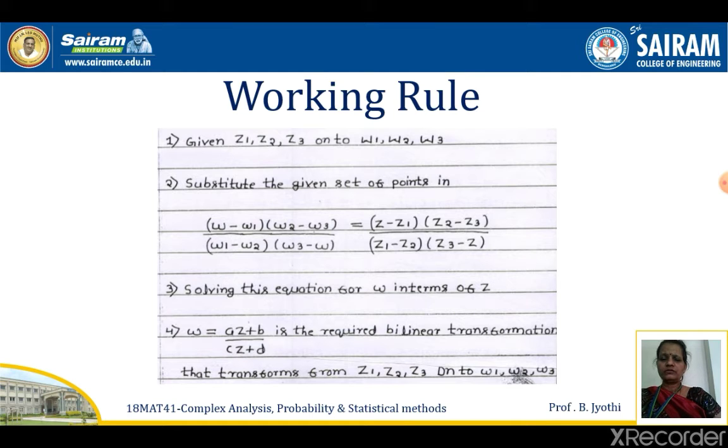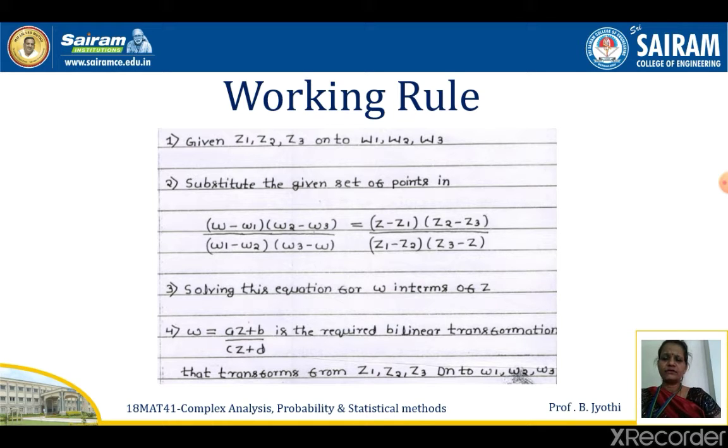The working rule is as below. Usually 3 points, that is Z1, Z2, Z3, will be given onto W1, W2 and W3.